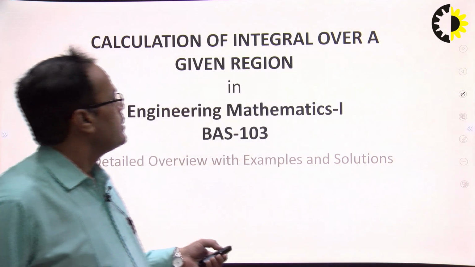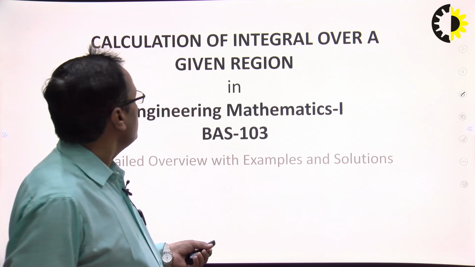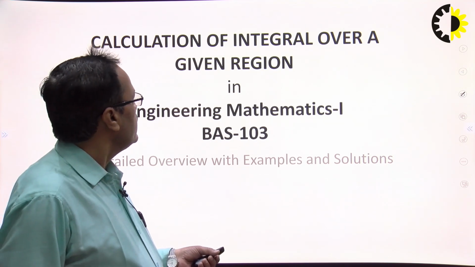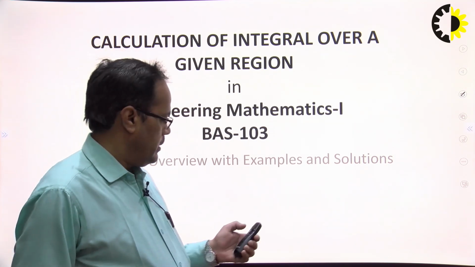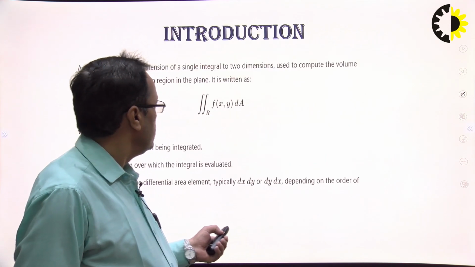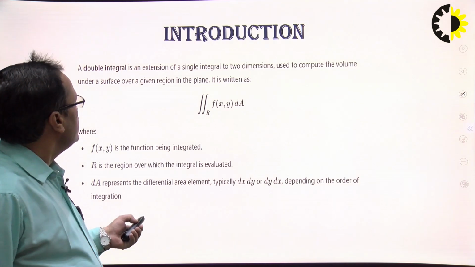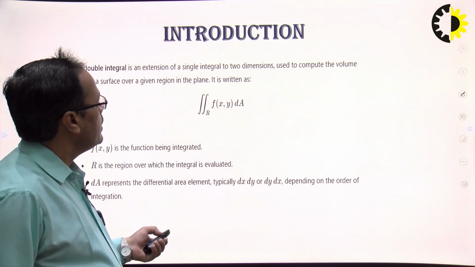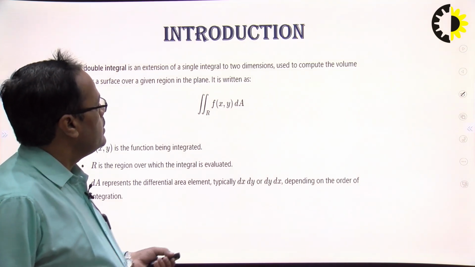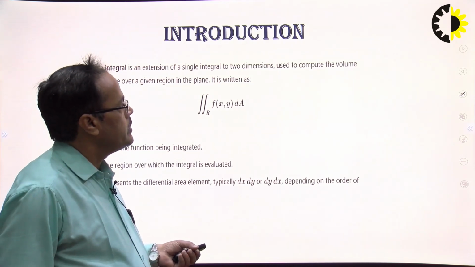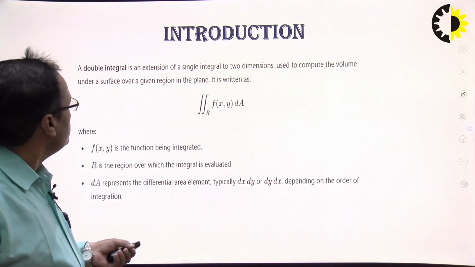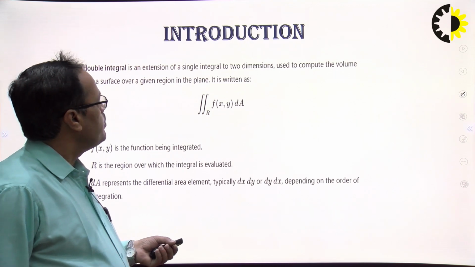Today we will discuss the calculation of a double integral over a given region. Introduction: a double integral is an extension of a single integral to two dimensions, used to compute the volume under a surface over a given region in the plane.